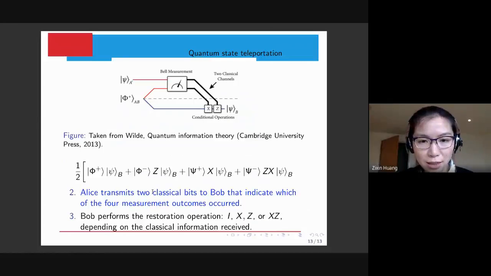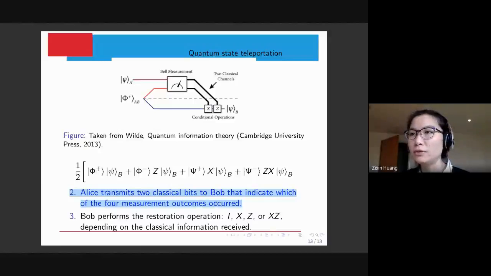If you think about it, step number 2 there is precisely the step that prevents faster than light communication. So remember, the collapse of the wave function is instantaneous.